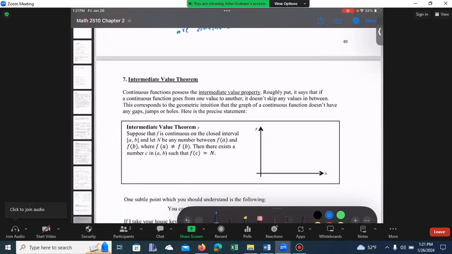All right, the last thing in this section is the intermediate value theorem. Here, continuous functions possess the intermediate value property. Basically, if we have a function, let's call this f of x.